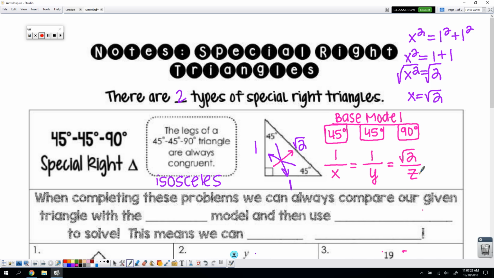When completing these problems, we can compare our given triangle with the base model, the 1, 1, and square root 2, and then use proportions to solve. This means we can cross multiply, which you guys were really good at.